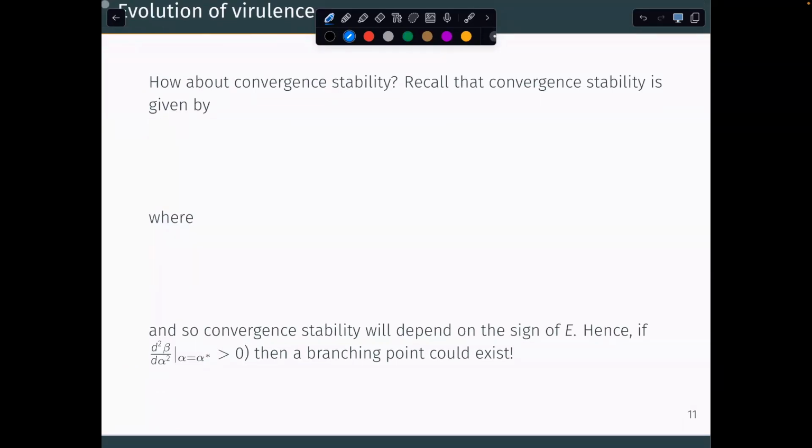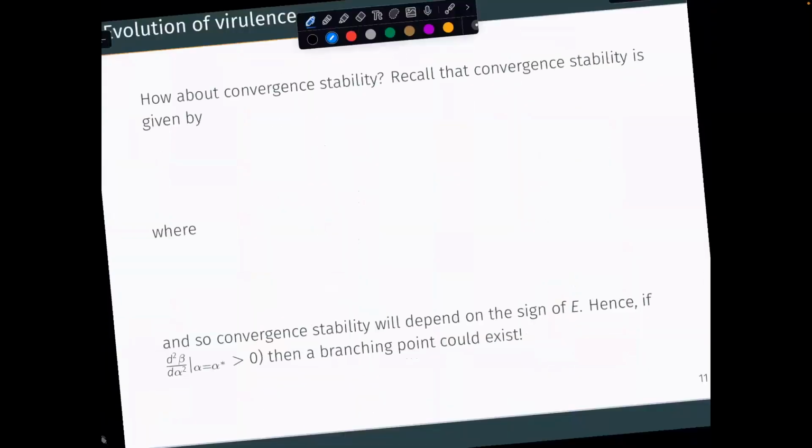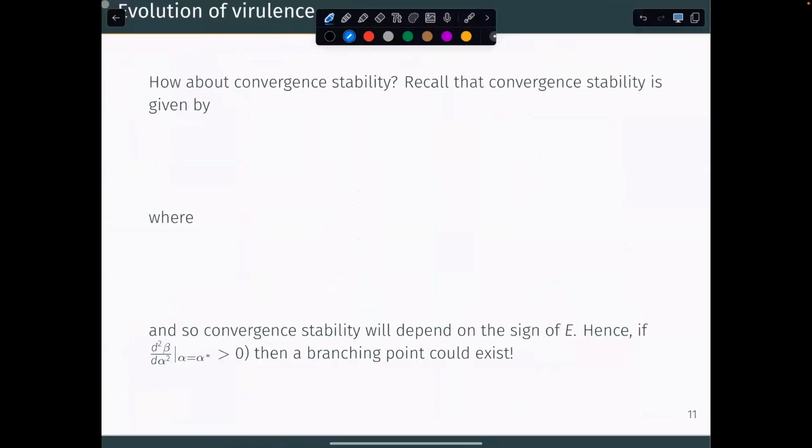Do you remember when we talked about convergent stability? This is given by two terms. I'll refer to one of these as being M, the other as being E. So E is our evolutionary stability.